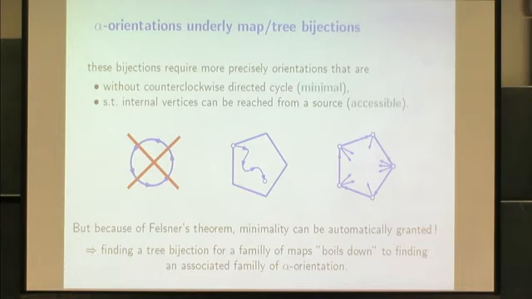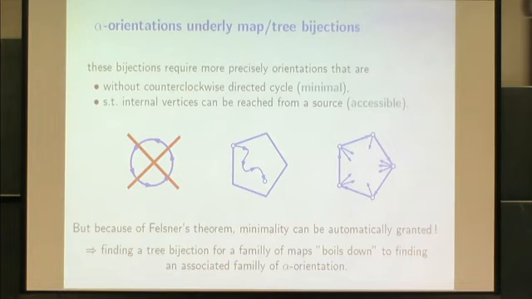But in a sense, because of this lattice structure, they need this minimality, but the minimality they can always get as soon as they find the right alpha, the right type of orientation they need. Then they can extract the minimal one, they just know that it exists without further work.